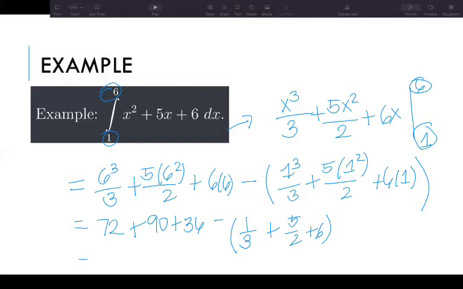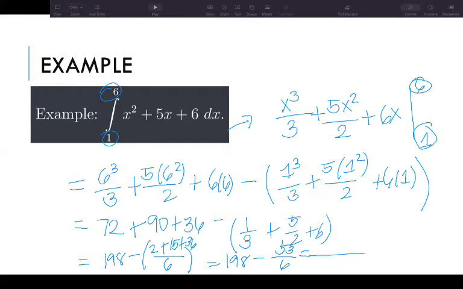This gives us 72 plus 90 plus 36. 126 plus 72 is 198. Minus, we add this. The least common denominator is 6. 6 divided by 3 is 2. Plus 5 times 3, 15. 6 times 6, 36. So this is 198 minus 53 over 6.